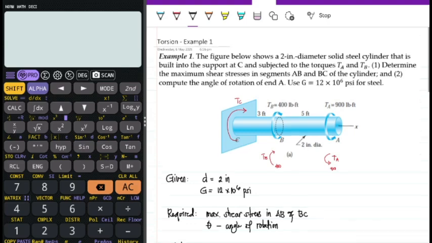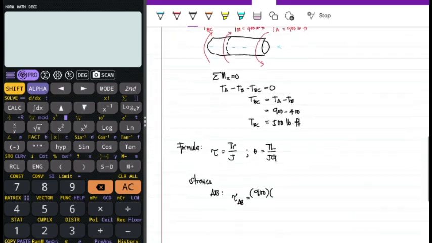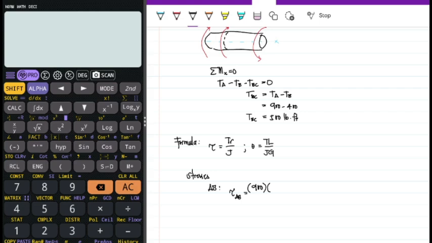It means you initially assumed the correct direction, and when you did the actual summation you ended up with a positive answer. It simply means that your assumption is correct.